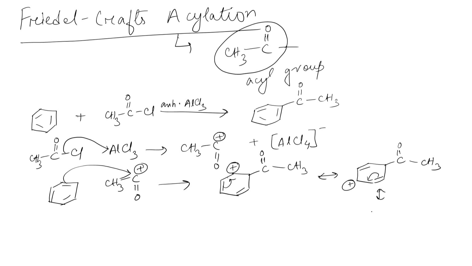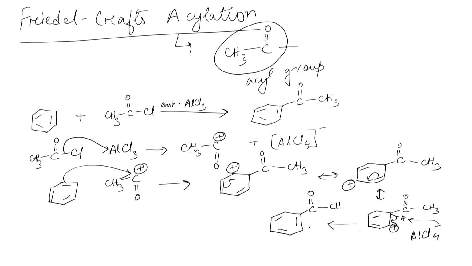Again one resonance structure. Now there is this hydrogen and we have AlCl4 minus, right? So finally we get this product. This is the Friedel-Crafts acylation.